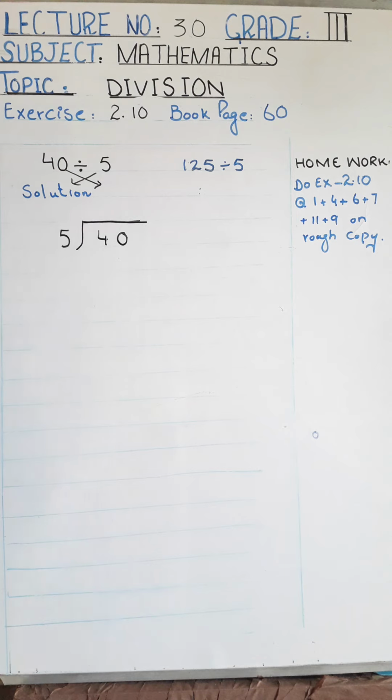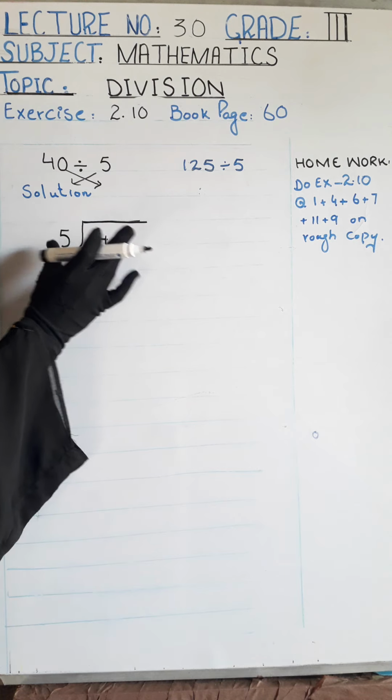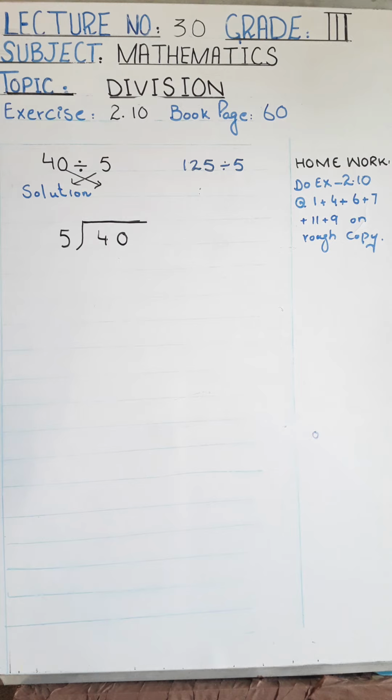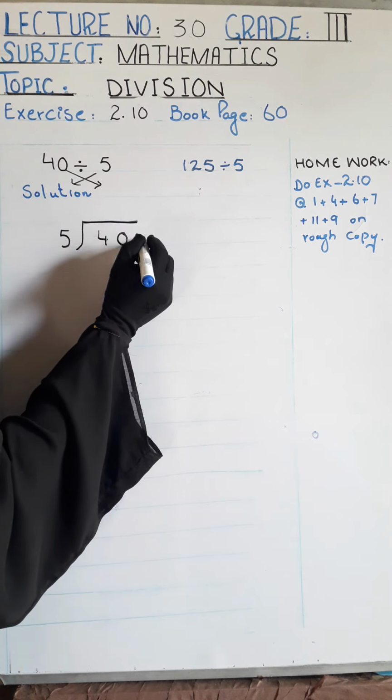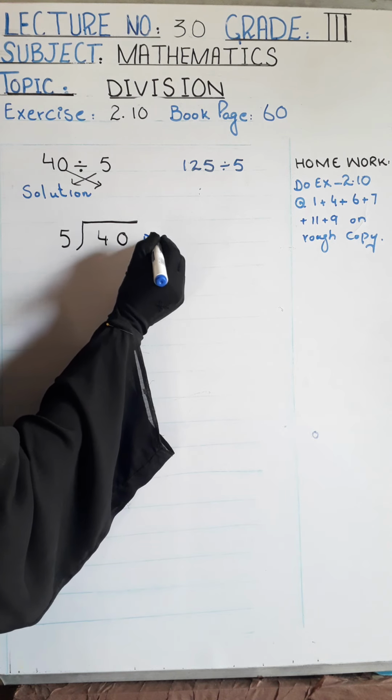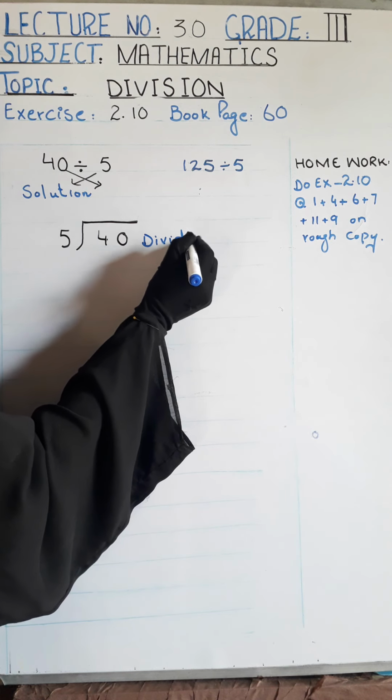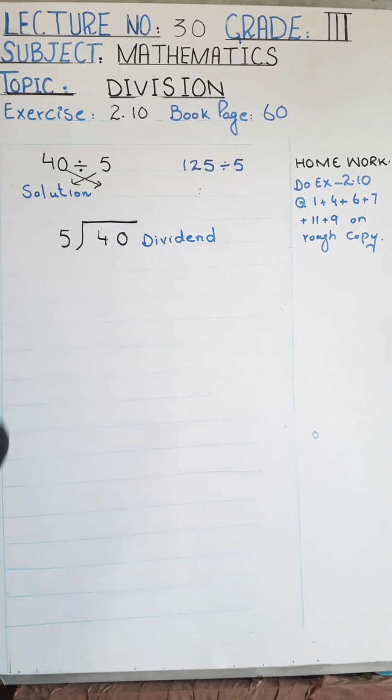Now students, look here. There are specific names for these two areas. The number which we write inside this stage is the dividend.